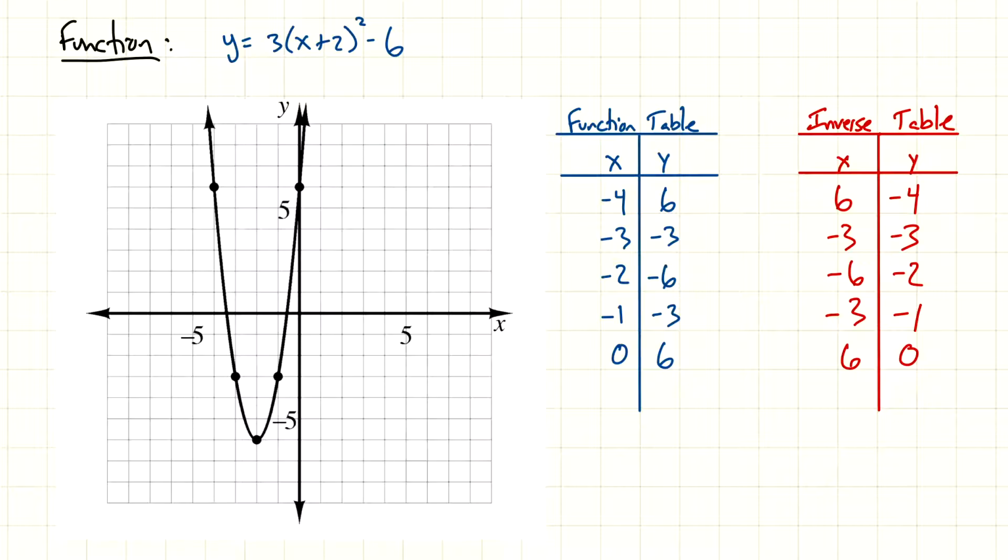So let's plot those. We have 6, -4, -3, -3, -6, -2, and then -3, -1, and 6, 0.